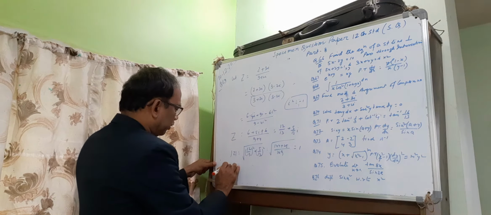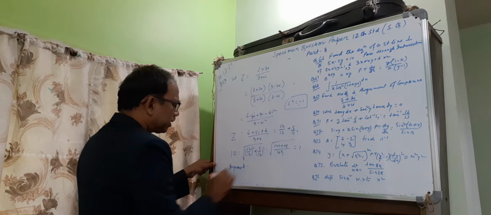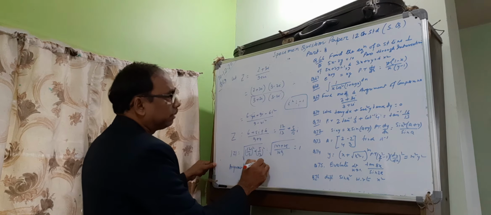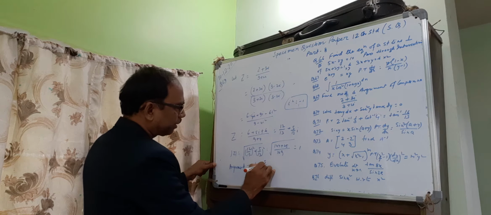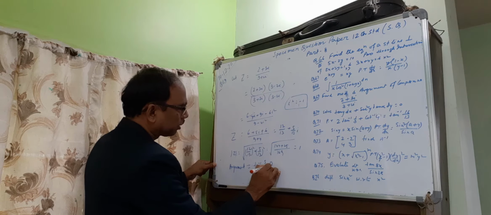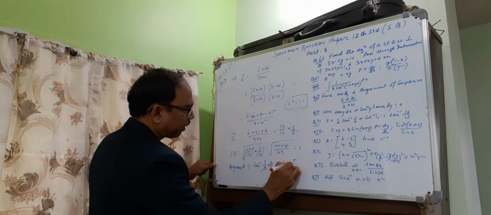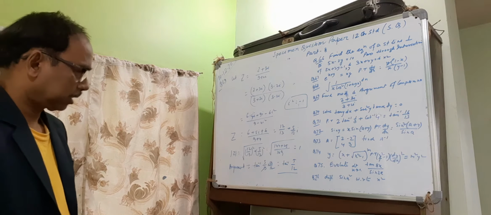And the argument, or amplitude, is tan inverse b by a, where z = a + ib. Here b is 5 by 13 and a is 12 by 13, so 5 by 13 into 13 by 12, that is tan inverse 5 by 12. That is the argument of the given complex number.